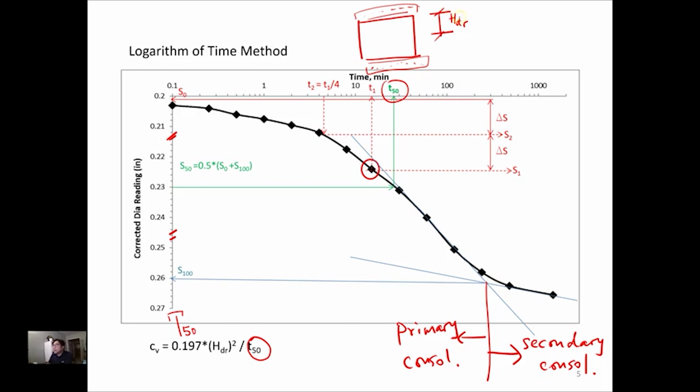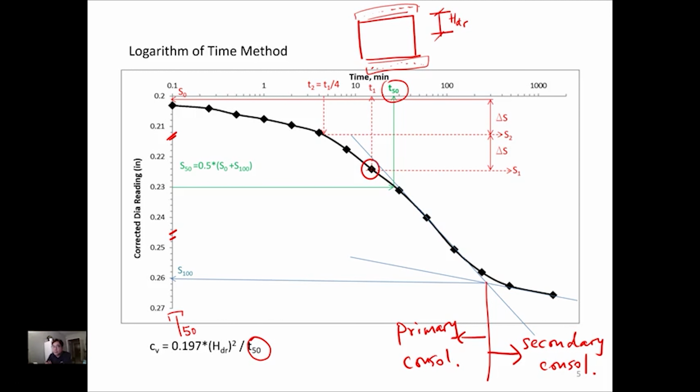And beware, this drainage path is a function of time and also stress level throughout the consolidation test, which means this drainage path is constantly changing. The drainage path could increase when the soil specimen is swelling, and it could decrease when there's compression happening.